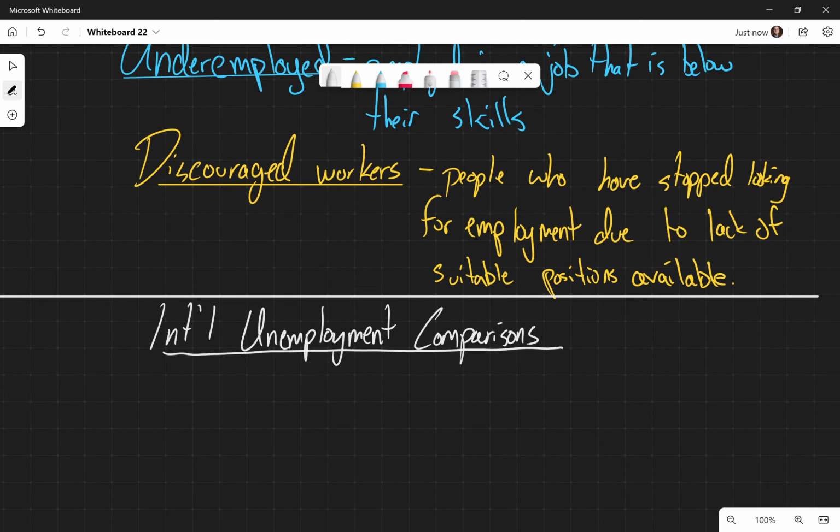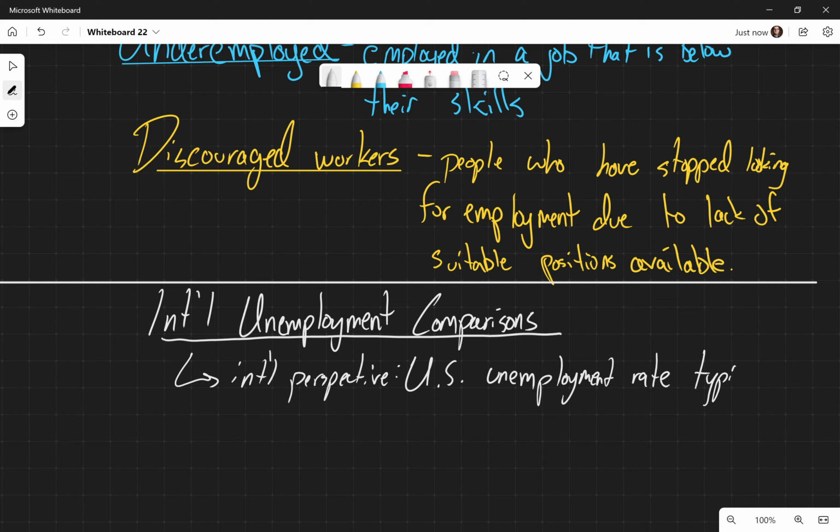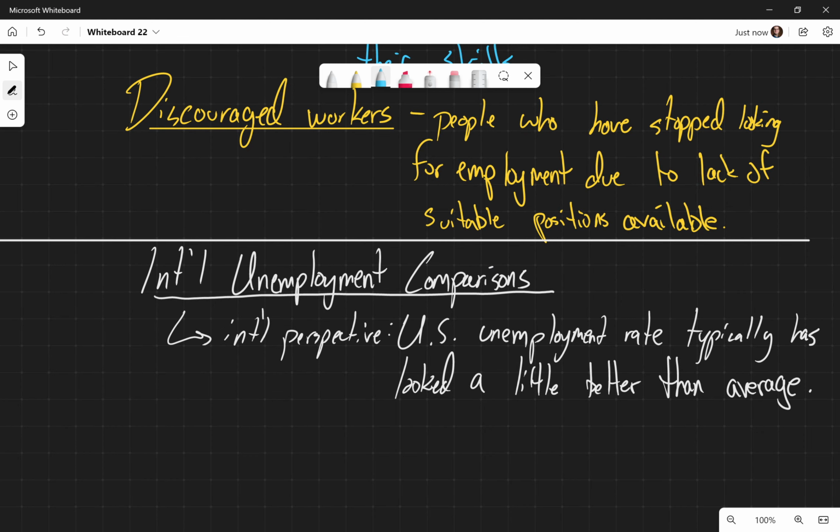When we look at it from an international perspective, the US unemployment rate typically has looked a little better than average. So why is this? Well, partly because it's apples to oranges.